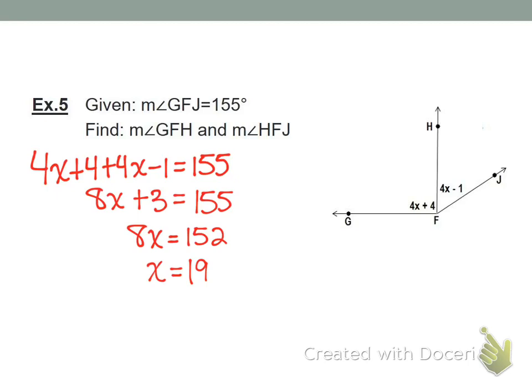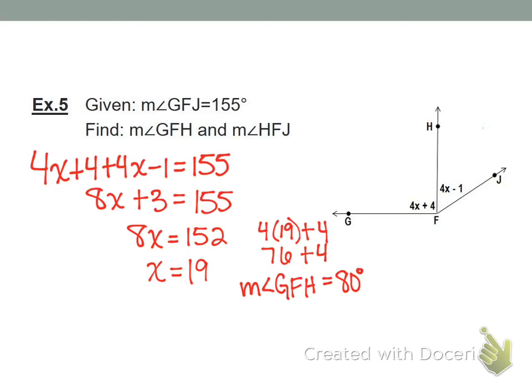So let's plug it in first to the 4x plus 4. 4 times 19 plus 4. So the measure of angle GFH is equal to 80 degrees.